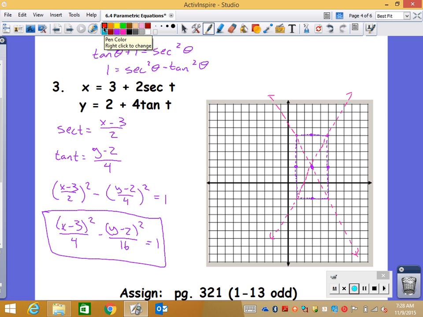Okay. Now with a hyperbola, my graph is either going to open up to the left and to the right, or it's going to be opening up and it's going to be opening down. Now to figure out which one it is, I have to go back to my equation. What term is first? Well, my x term is first. It's an x term minus a y term. So because x is first, and x goes left and right, my hyperbola is going to be opening to the left and to the right.